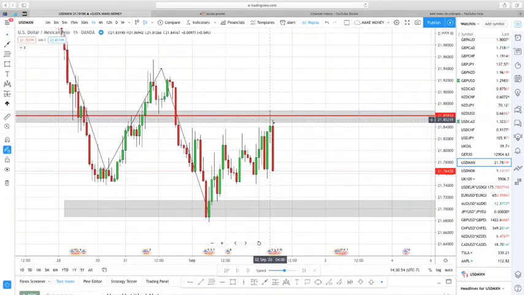Price came to your entry point, to this zone, price passed it through this wick. As soon as it started dropping again, it activated you into your sell limit.